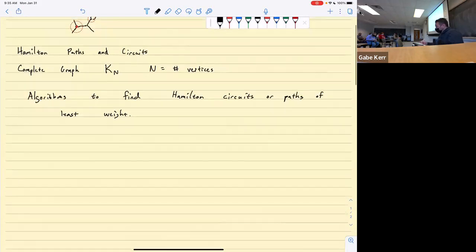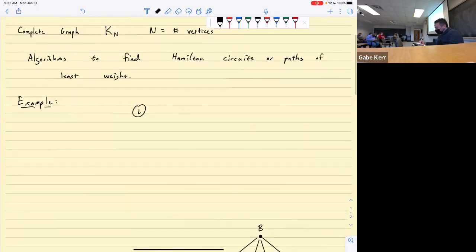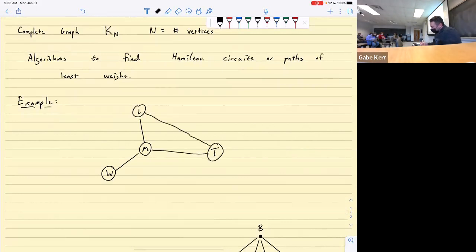Okay, so here's an example, and we'll look at this example first. I went down the mileage between the different cities. So I looked at Lincoln, Manhattan, Wichita, and Topeka. Make a complete graph.